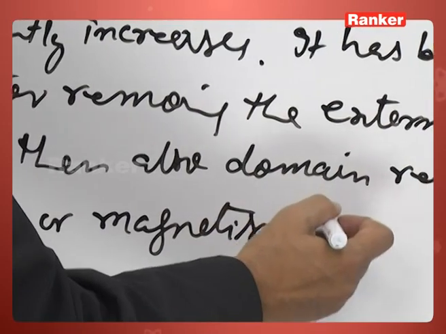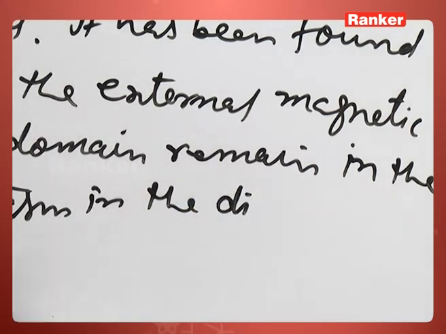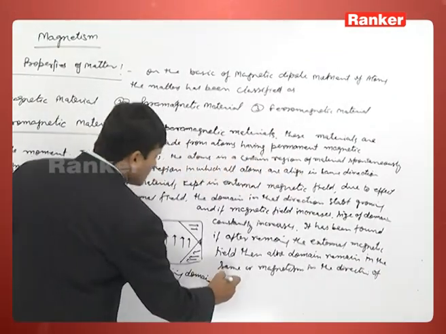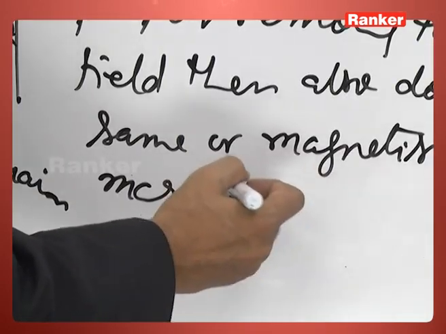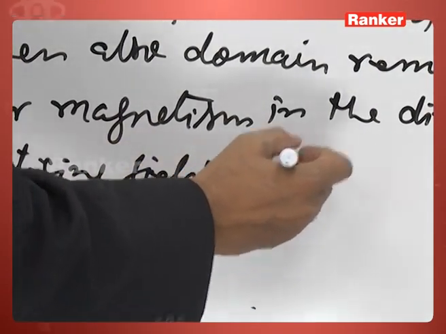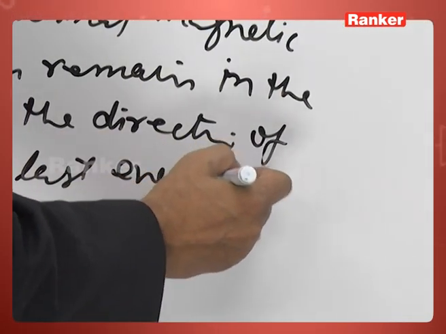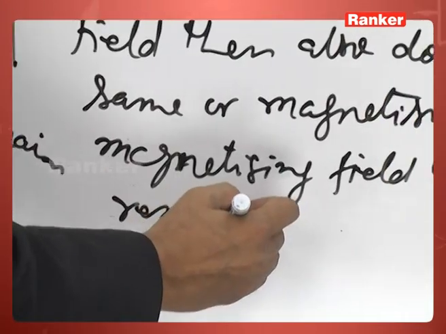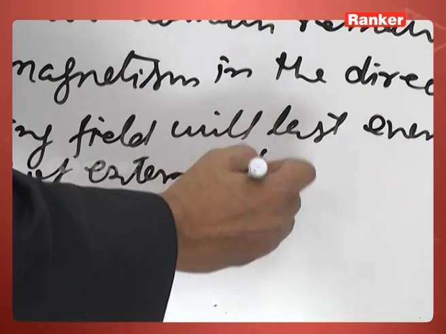Magnetism in the direction of the magnetizing field will last even after removal of the external field.